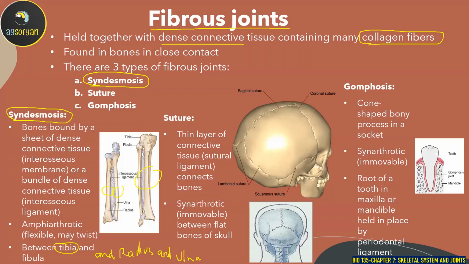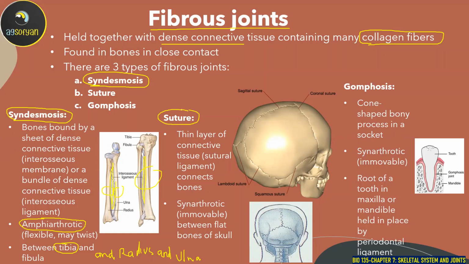You see this is a fiber that connects these two bones, radius and ulna, and the one that connects the tibia and fibula. From this, we should be able to guess that there will be slight movement between these two bones. So the syndesmosis is mostly amphiarthrosis, a slightly movable joint.